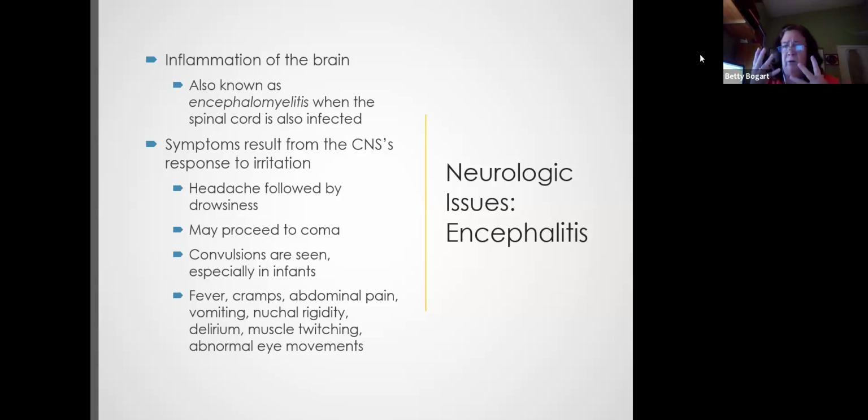And remember, your brain is inflamed. It's getting swollen. It is creating that headache. There's vomiting. The neck's going to be affected, and then of course, remember the brain controls everything. You're going to see twitching, and your eyes are going to go twitching, etc. And that is encephalitis.